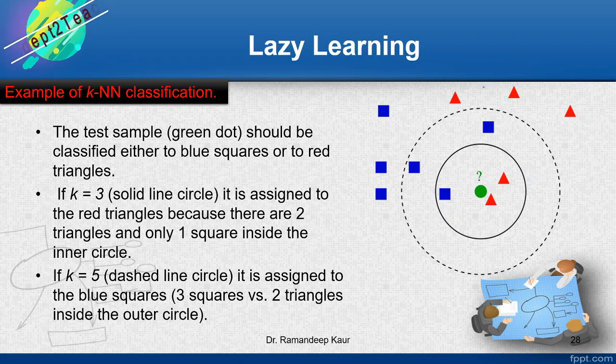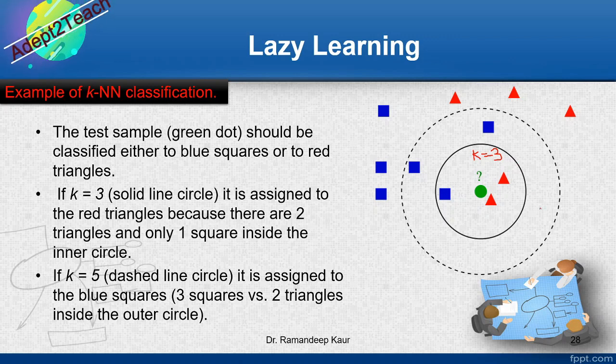Here k means the distance, how far it has to look. Let's say this radius is k equal to 3. That is the distance within which the problem should look. This green circle is a new dot. We have to check whether it should belong to the category of blue or the category of red.